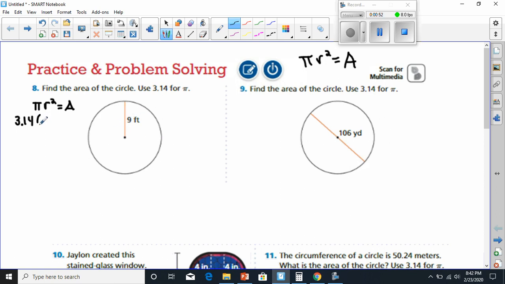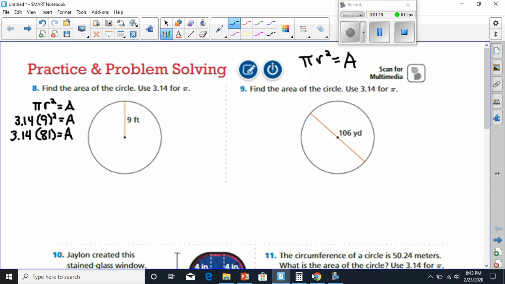So we're going to be multiplying 9 squared by 3.14. And 9 squared is 81, because 9 times 9 is 81. So now we've got 3.14 times 81 equals the area.